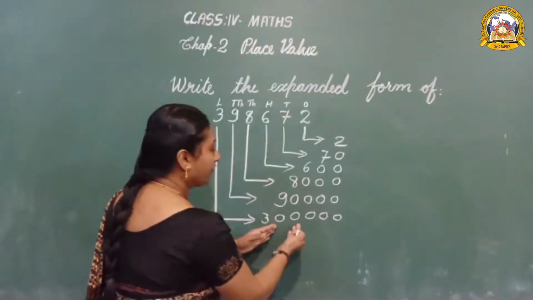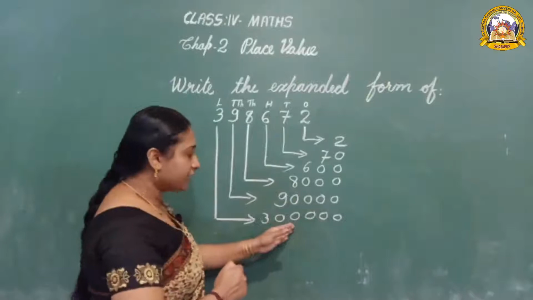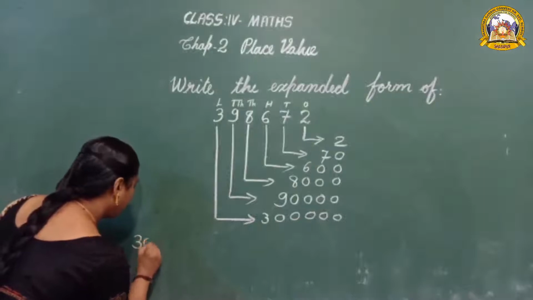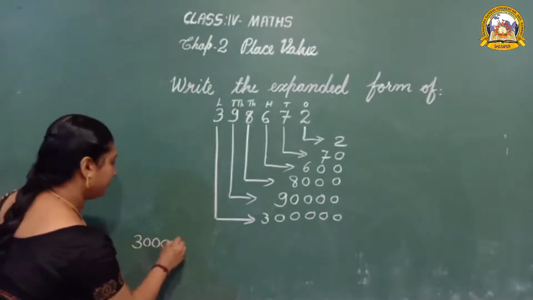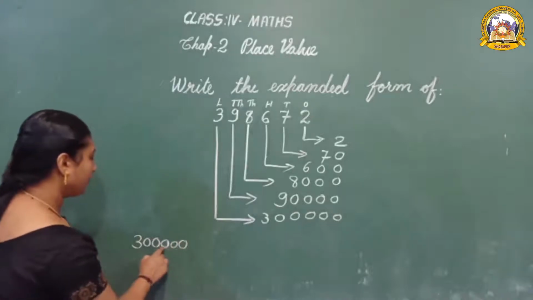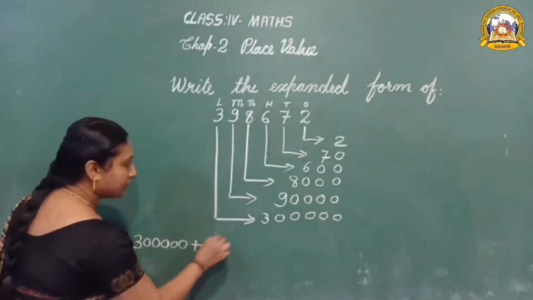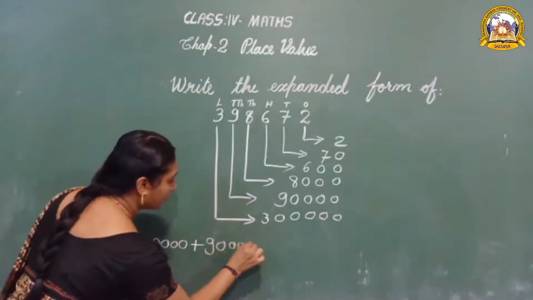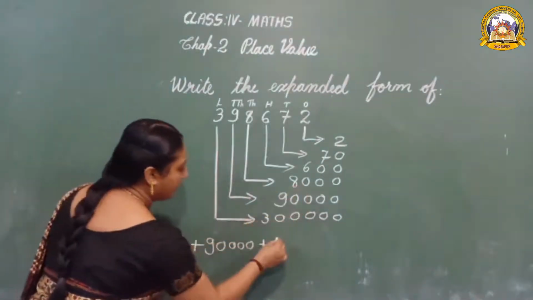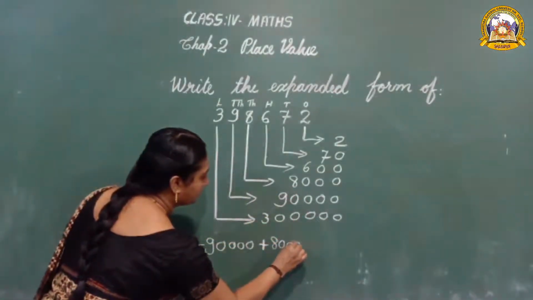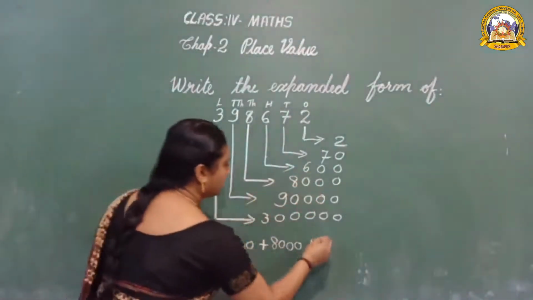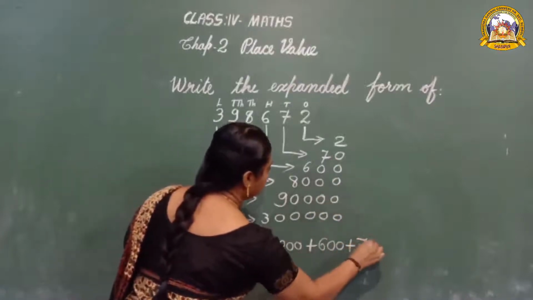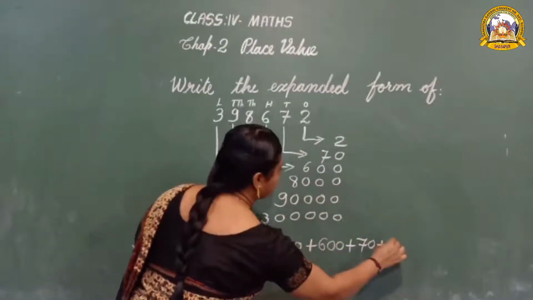Look here, first we have to start from the last line. 3 lakh, 1, 2, 3, 4, 5, 3 lakh plus next 90,000, plus 8,000, plus 600, plus 70 plus 2.